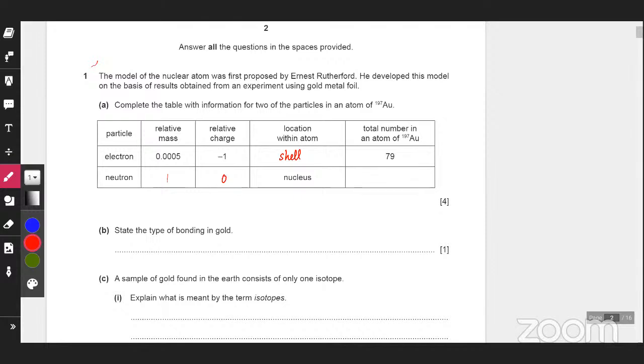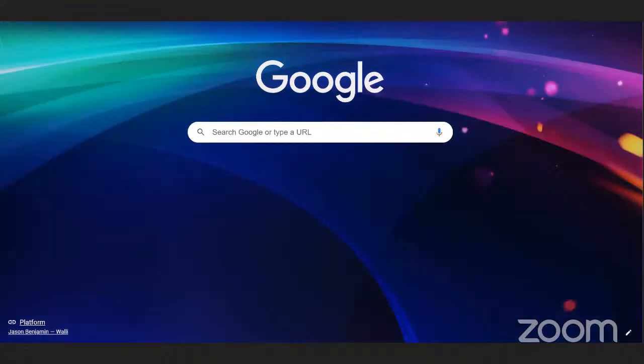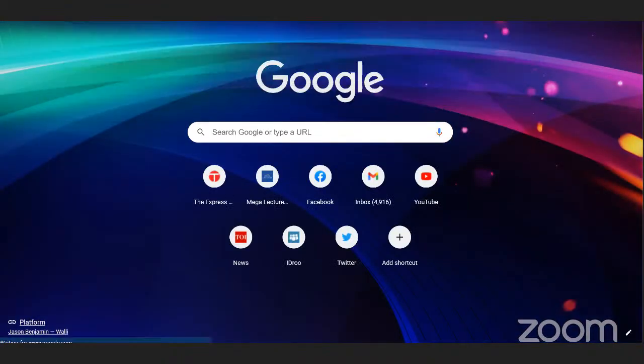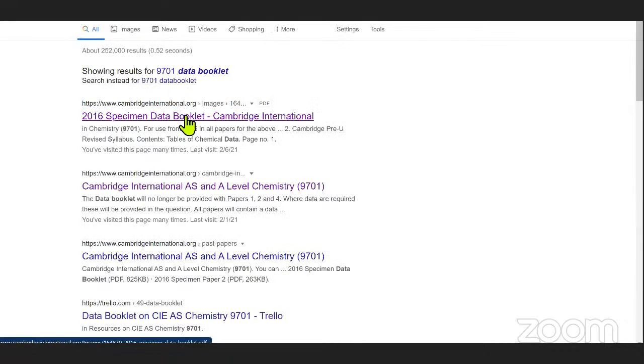You can have a look at gold. Just one second. Let's keep the data booklet with us as well. So let's just have a look at the data booklet.